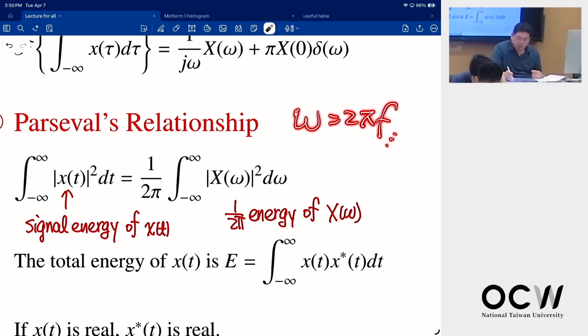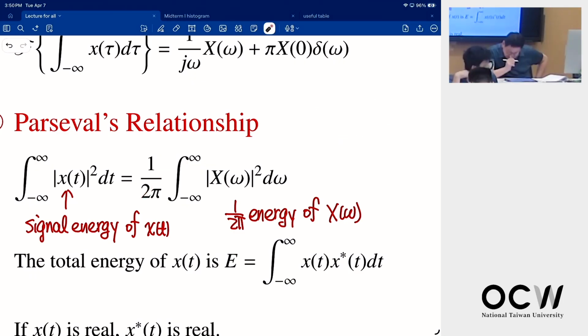But for some textbooks or in physics, their definition for the Fourier transform is using the frequency f, not the radians per second. Then in that case, they will cancel that 2 pi term. But whatever we use for the Parseval's relationship, we need to know that the energy in either time domain or frequency domain should be the same.